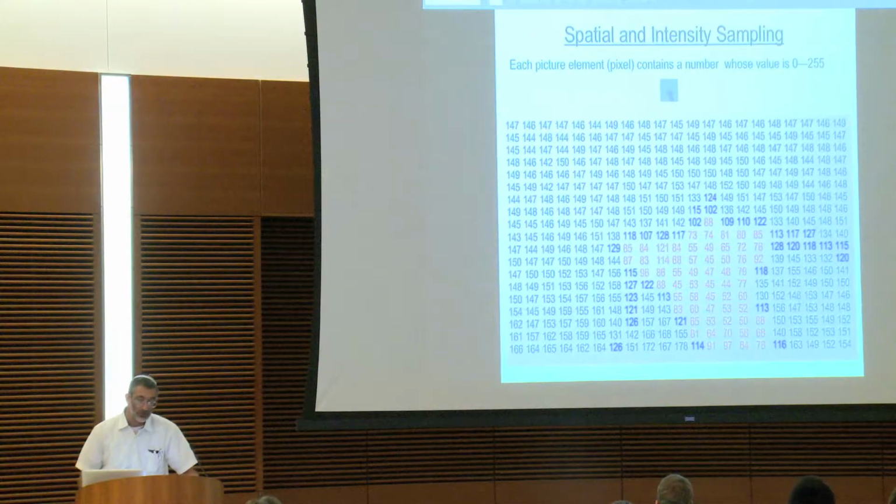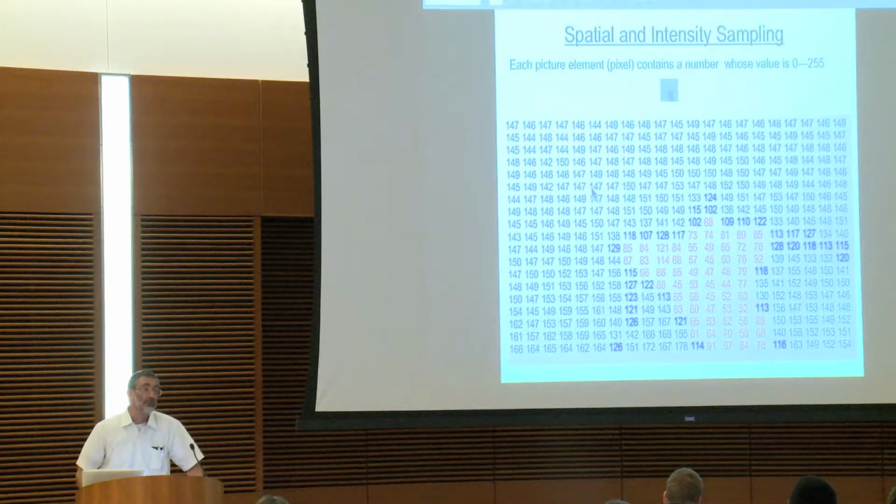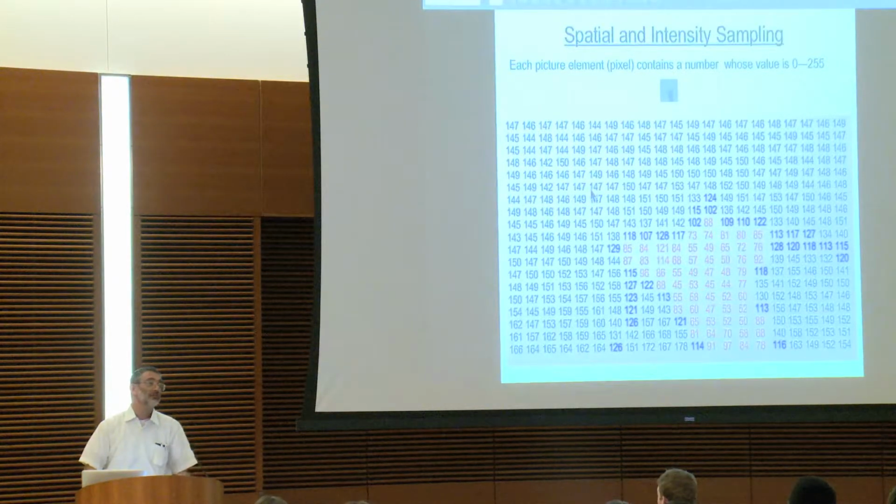And notice that the blue are the intermediate values, and that's very typical of edges. At edges, you have a transition from light to dark or dark to light. Now, we're going to talk more about the fact that there's no rule that says that the brighter parts of the image have to have higher numbers. Nothing in the world says that has to be so. And we'll get to the concept of a lookup table. If you want, you can represent white as 0 and black as 255.